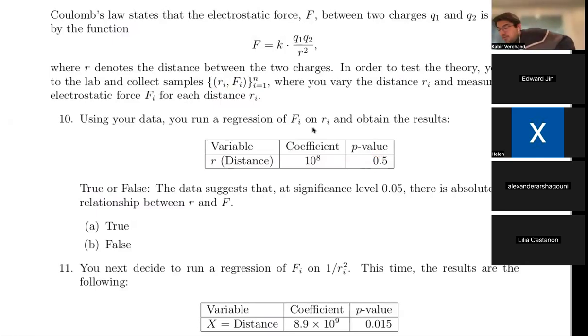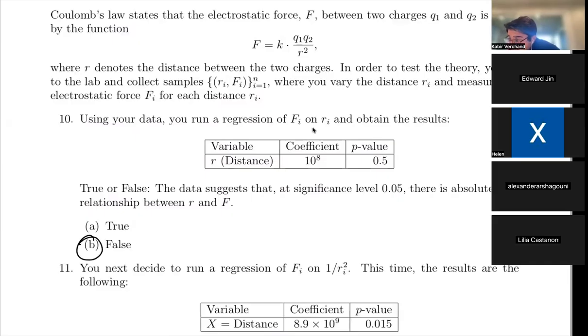So the first question is, true or false, this data, and in particular the outcome of this regression, suggests that at significance level 0.05, there is absolutely no relationship between R and F. So the answer to this is false.